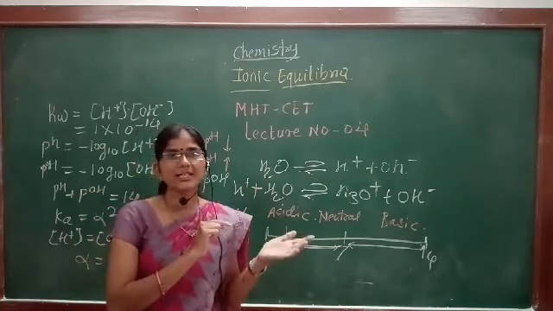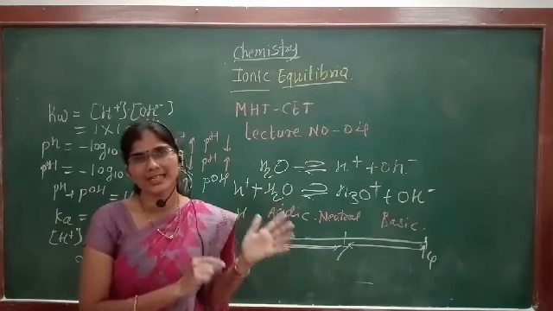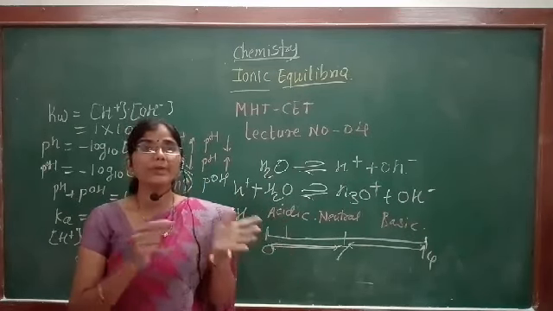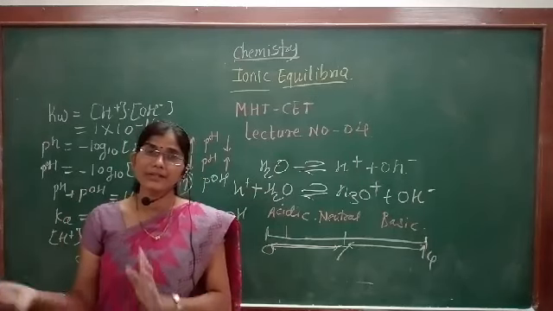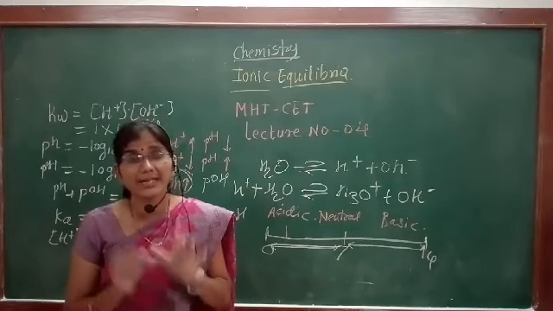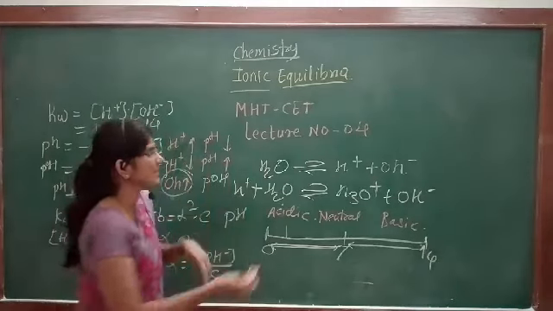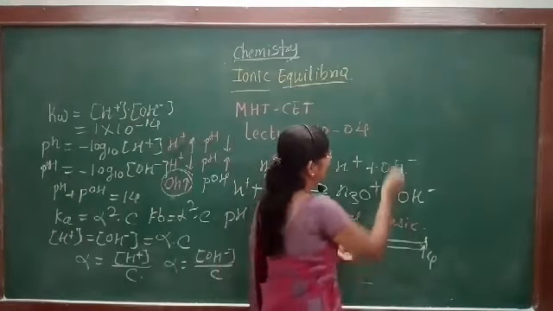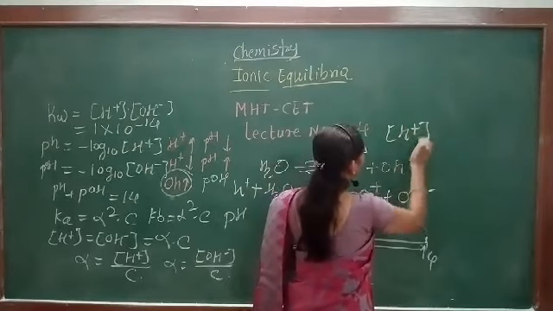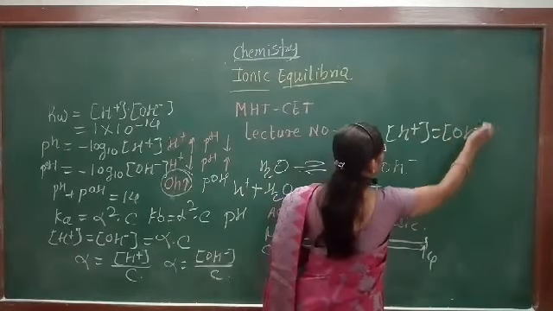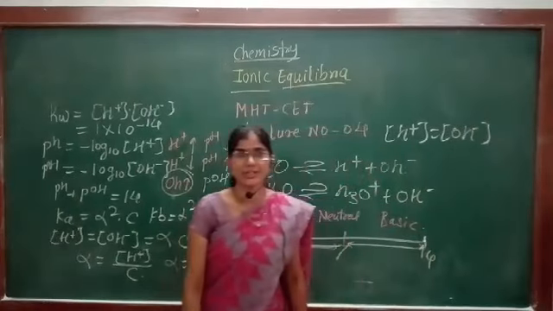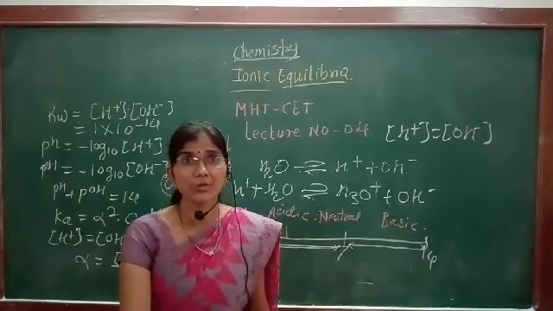If pH is in the range of 0 to 7, the solution is acidic. If pH is in the range of 7 to 14, the solution is basic. And if the pH is exactly 7, what does it mean? The H plus ion concentration is equal to the OH minus ion concentration for a neutral solution.